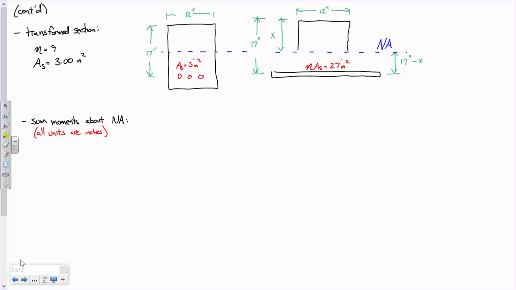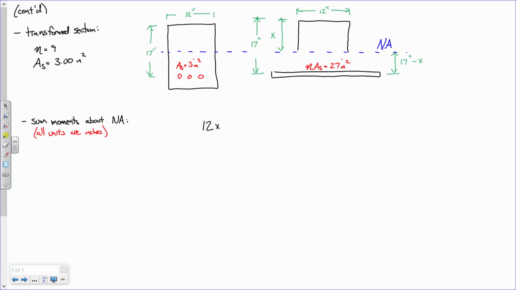Basically, what I'm doing is just areas and distances. This is a lot like a centroid. Let's start off by looking above the neutral axis: an area and a moment arm. What is the area of the box above the neutral axis? 12x.